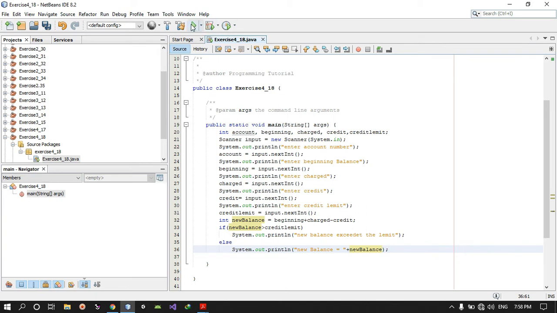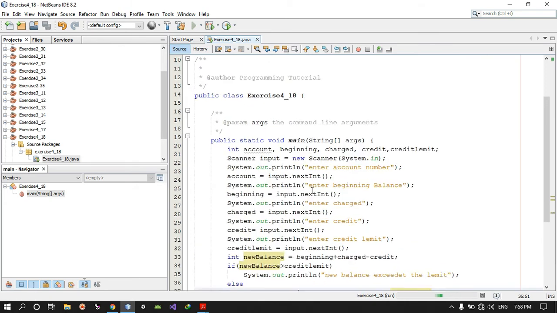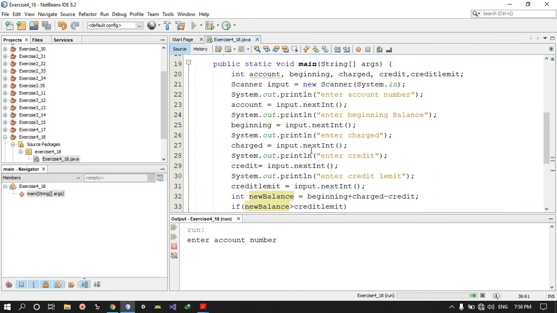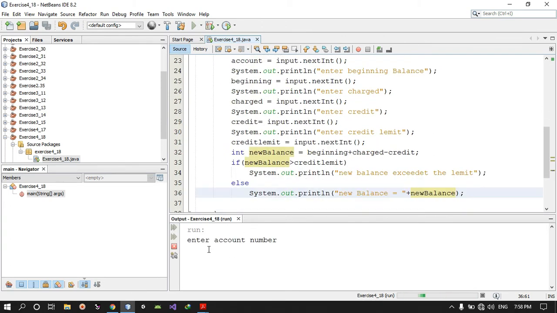Let's check the output. Enter the account number 10100001. Enter the beginning balance 200.